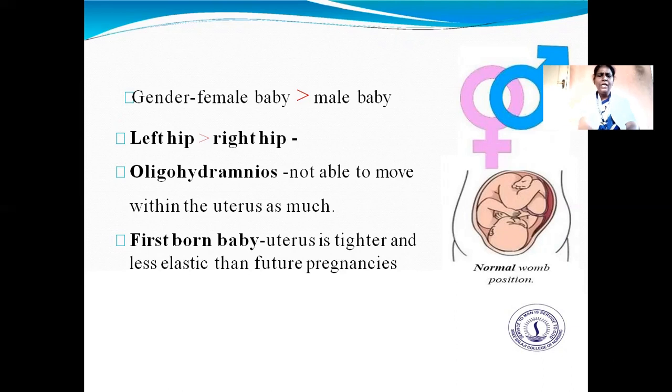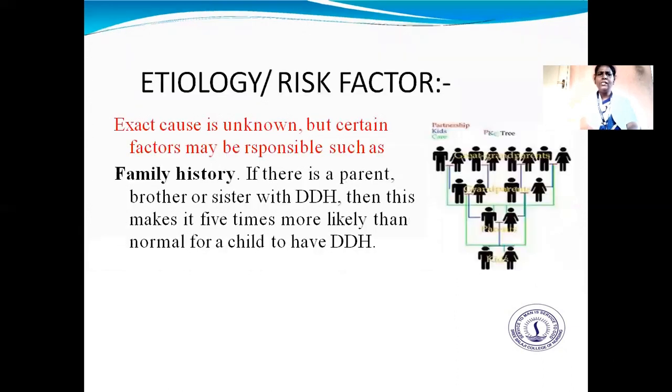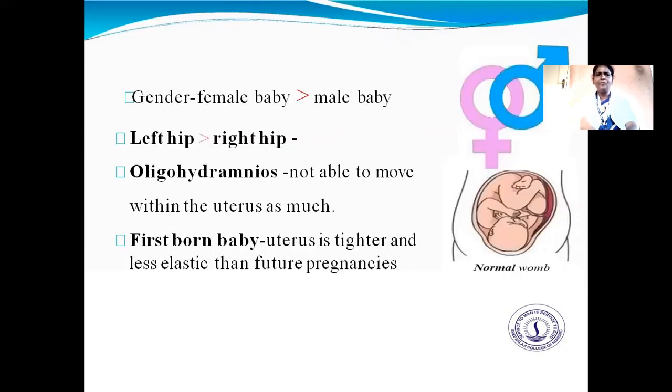This is about the risk factors. The exact causes are unknown, but certain factors are responsible for developmental dysplasia of hip. One is the family history. If there is a parent, brother, or sister with developmental dysplasia of hip, then this makes it 5 times more likely than normal for a child to have DDH.